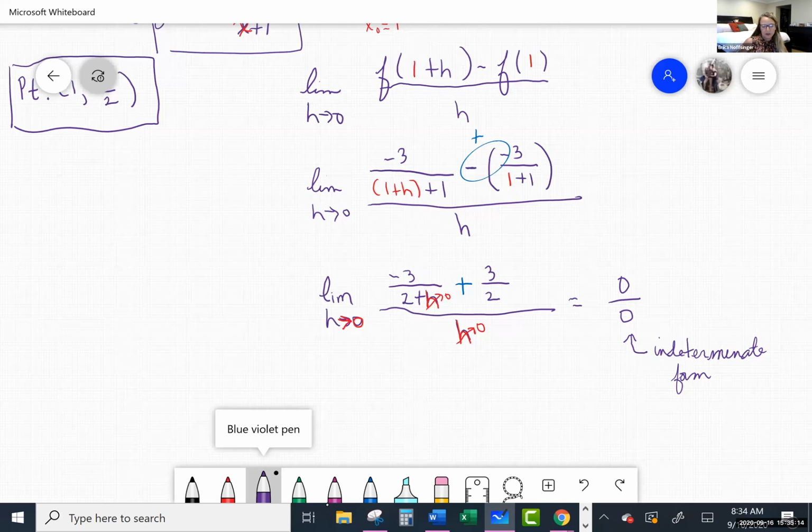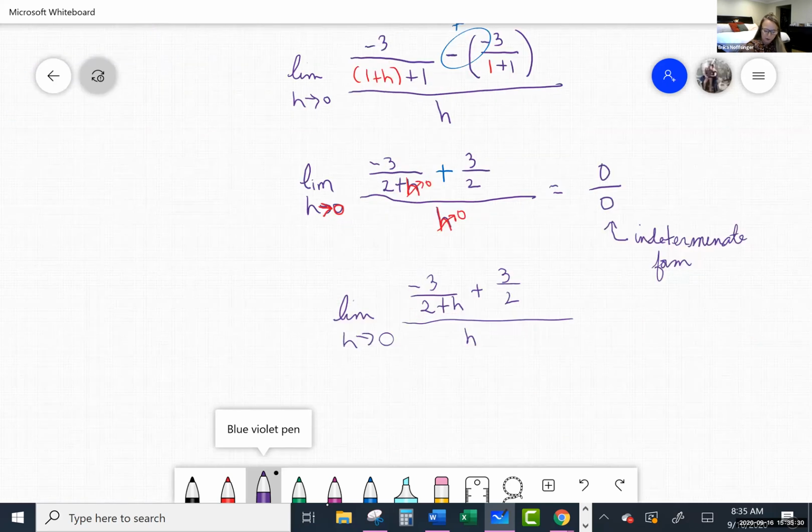So there are different tricks. If this was a rational function, a polynomial divided by a polynomial, and you got 0 over 0, your trick is to factor. In this case, I notice I have a complex fraction. So the trick, if you get 0 over 0 there, is to get rid of the complex fraction. We want to manipulate this so it's just a single fraction, not fractions within fractions.